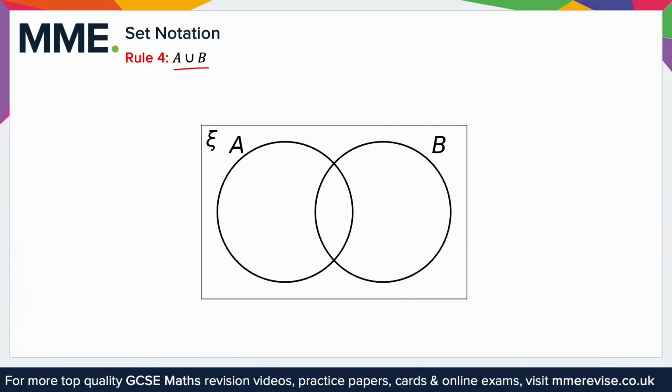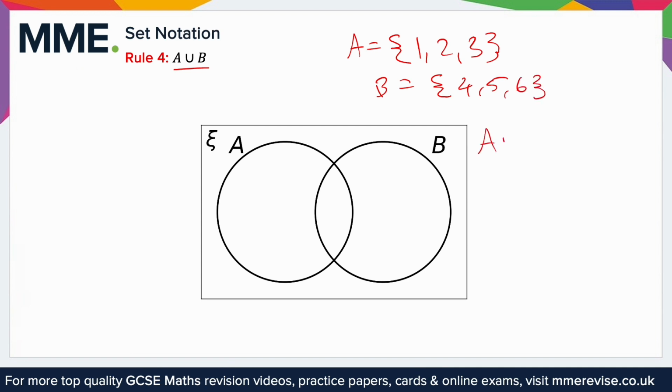This piece of notation reads as A union B. This is basically taking both sets, A and B, and putting them together. So for example, if A was the set 1, 2, 3, and B was the set 4, 5, 6, A union B would put both of these together.